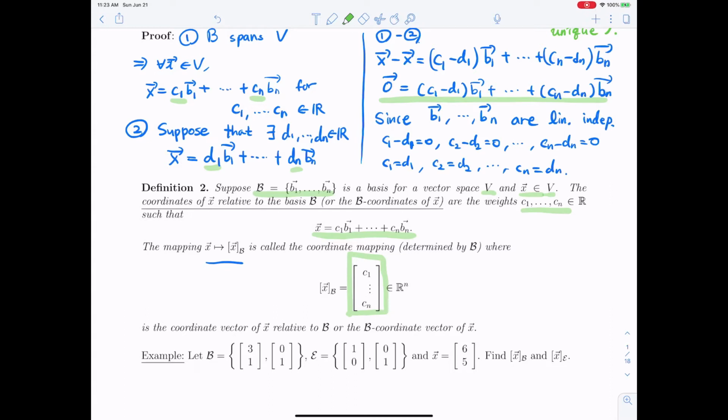And we call the square bracket x sub B the coordinate vector of x relative to B, or simply the B coordinate vector of x.